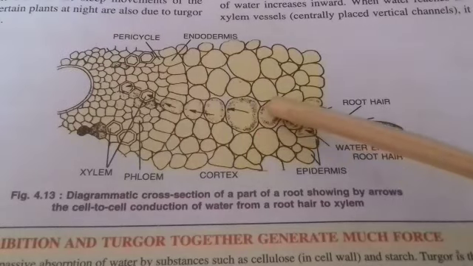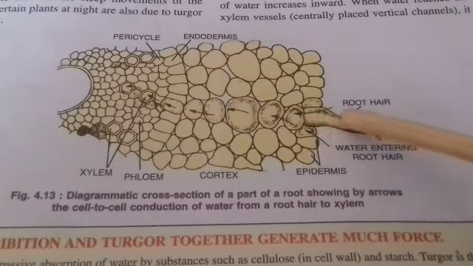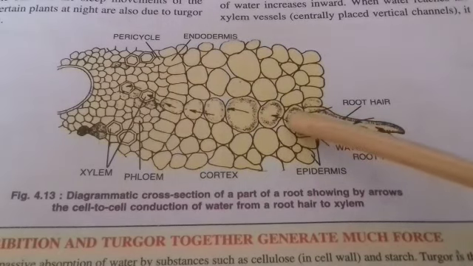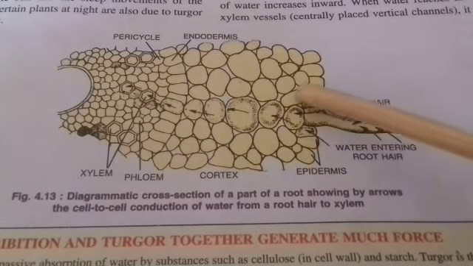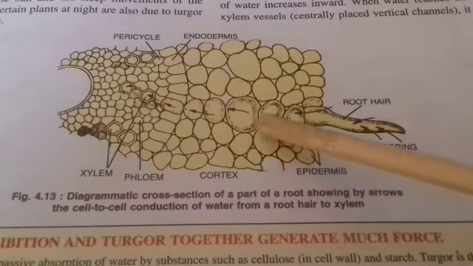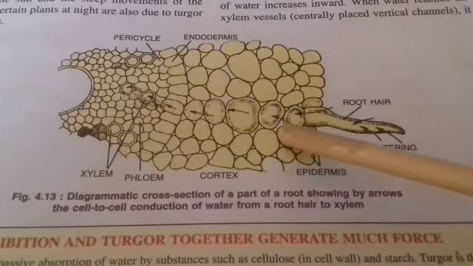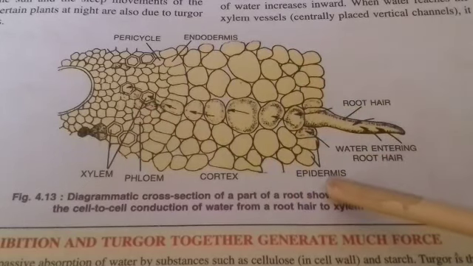This diagram shows the cross section of a part of a root, showing the process of osmosis. So here first of all understand the structure. Here you can see many different types of cells. You can see the first layer of cells, this is known as epidermis.